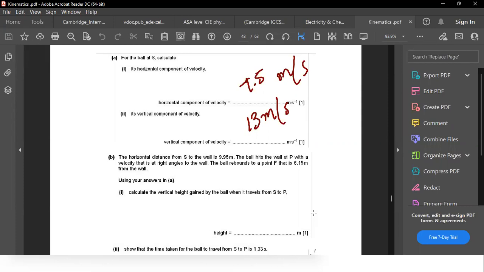I got my answer, it's 8.6 meters. Yeah, that's correct. I'm getting the same one.